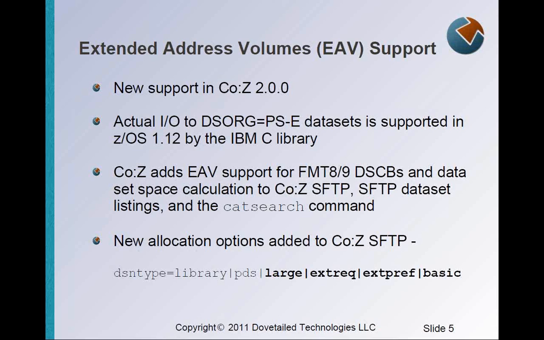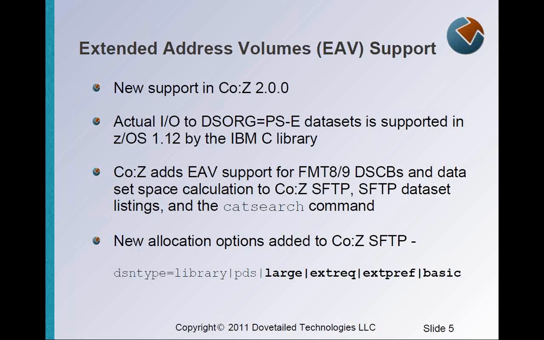Now, I would like to say that we sort of got most of this for free, because the actual I/O in Cozy Toolkit and SFTP is done. We use the C library to do the I/O, and the C library supports these data sets.